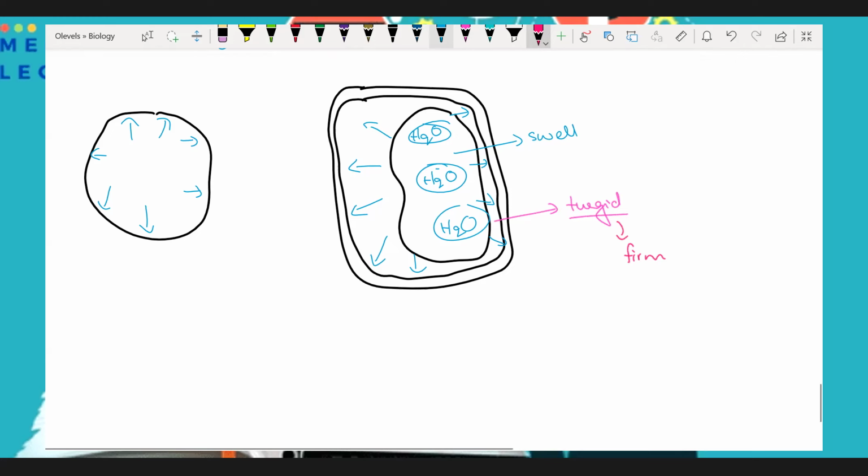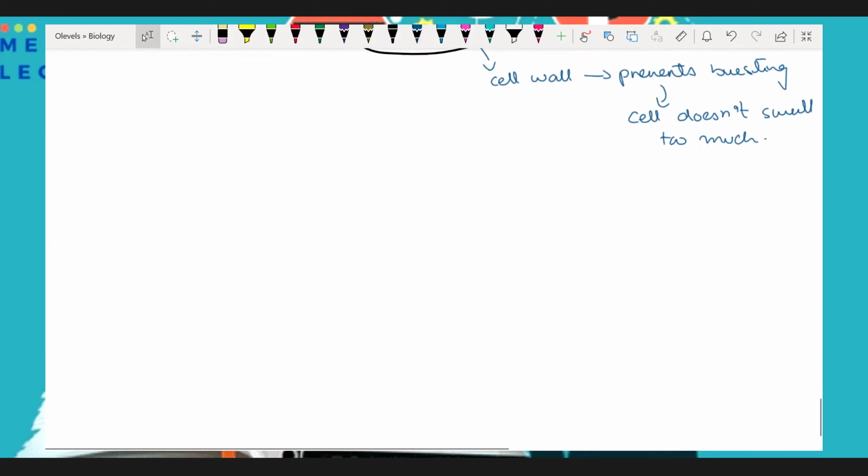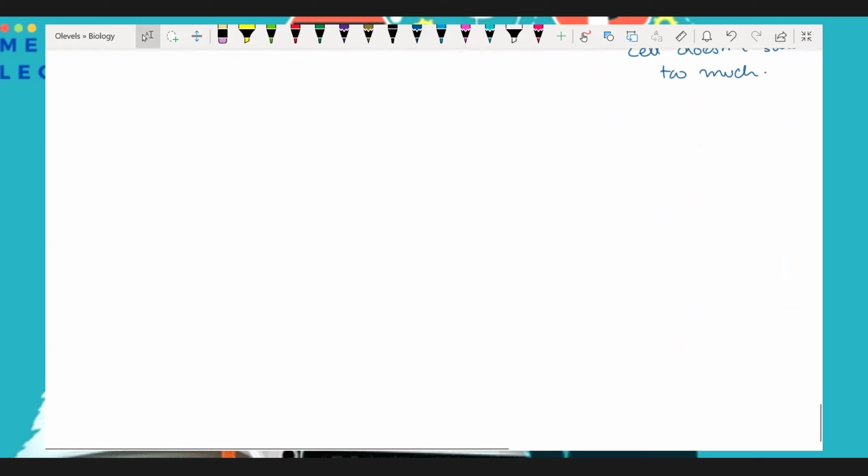This cell wall that is present over here prevents bursting, and that is done so the cell doesn't swell too much. Okay, so there are actually three kinds of water movements in plant cells.